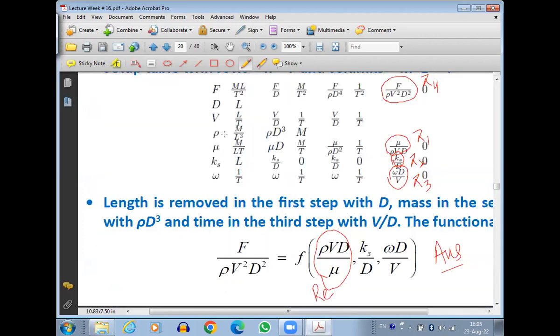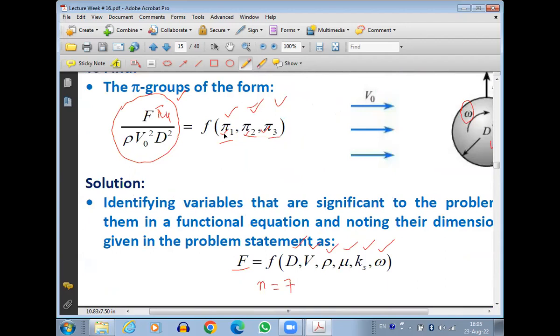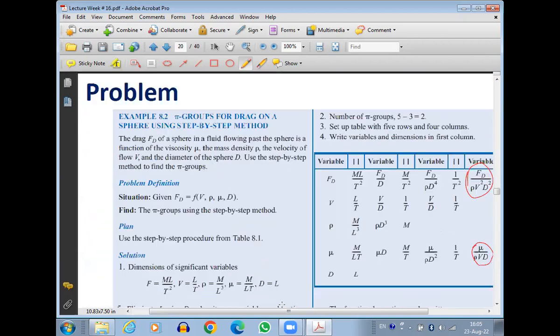Previously, in the problem that we solved, F was a function of D, V, density, mu, Ks, and omega. So n was 7. Here in this case, n is basically 5, because you have FD as 1, viscosity 2, density 3, velocity 4, diameter 5.